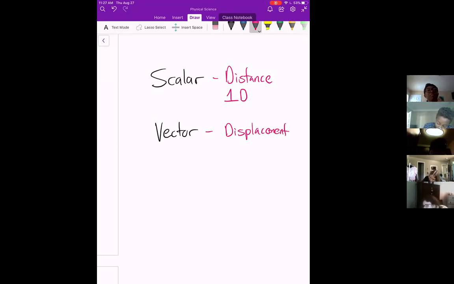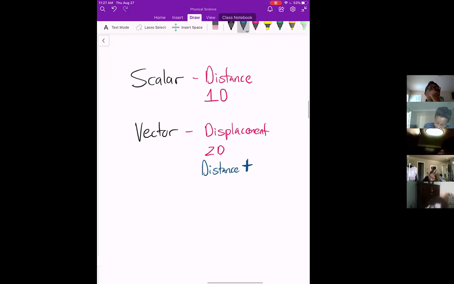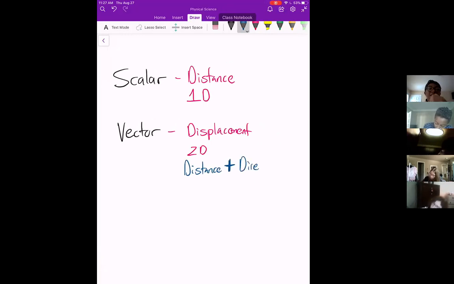This one is two-dimensional and it's distance plus direction, okay? Sometimes instead of saying distance, you'll hear us say the word magnitude.